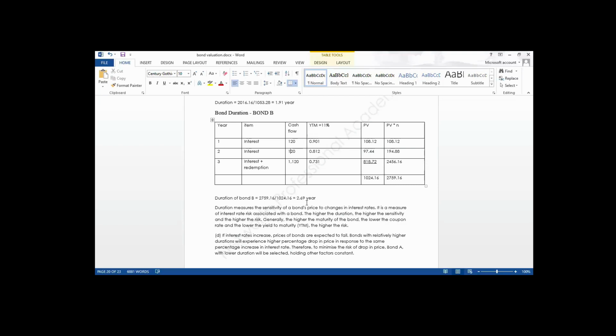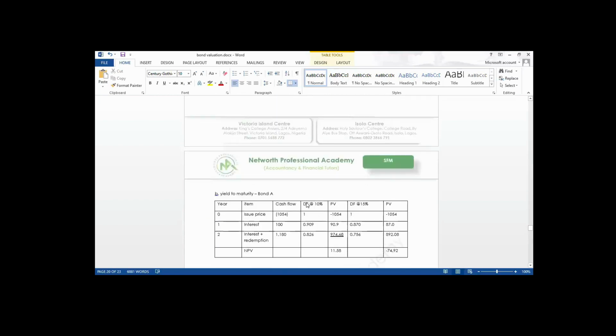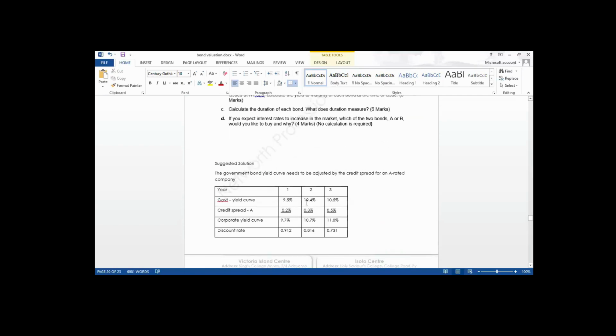Now look at the D part of the question. If you expect interest rates to rise, to increase in the market, which of the two bonds, A or B, would you like to buy and why?